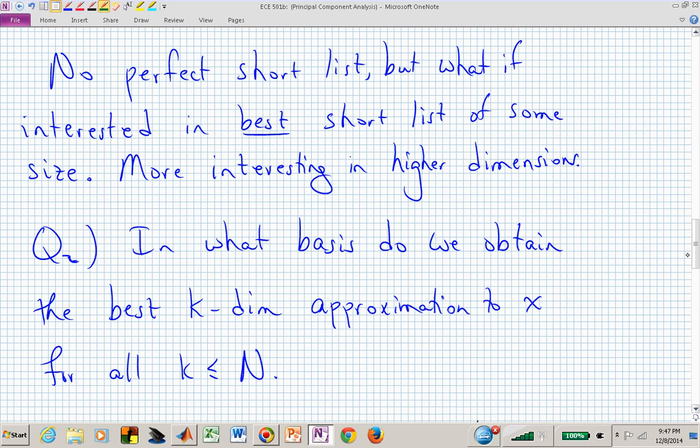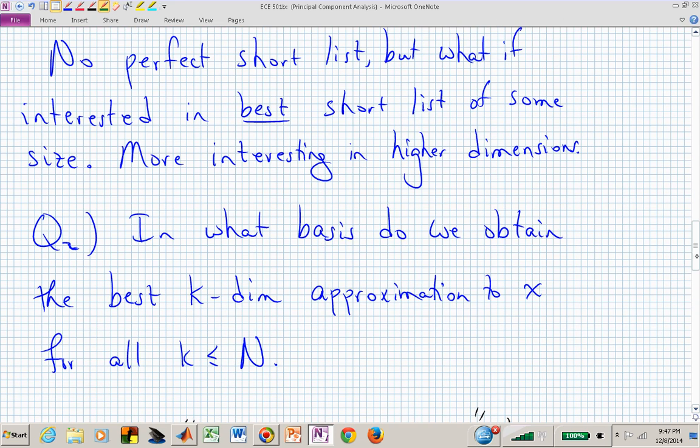If we are in a higher dimensional setting, capital N might be 100, then what basis do we obtain the best k dimension, where k might be 3, maybe 6, maybe 10, when capital N is 100? We want to know what are the best directions to approximate some vector x that might be living in this higher dimensional space of dimension capital N.